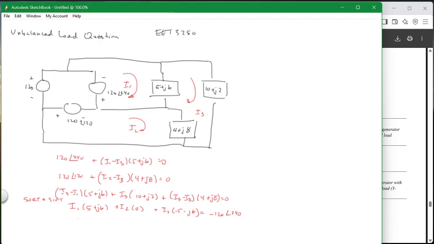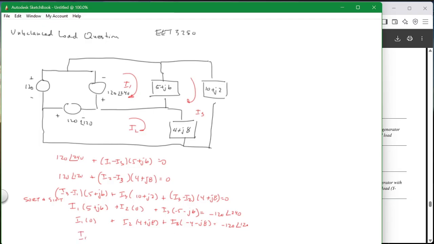The second equation: I1 times 0, plus I2 times 4 plus J8, plus I3 times minus 4 minus J8, equals minus 120 at angle 120.